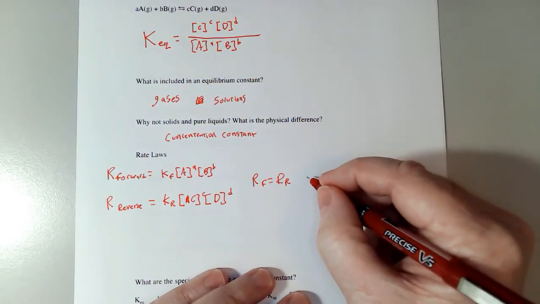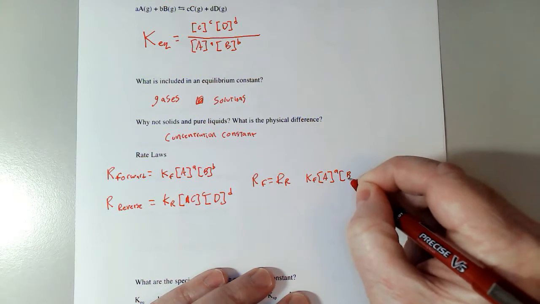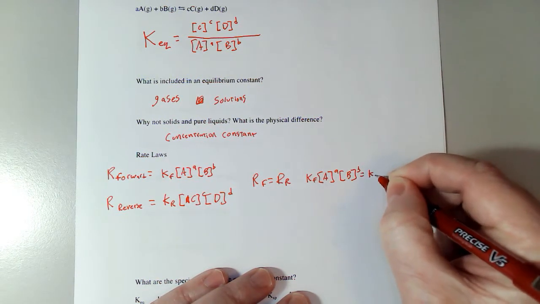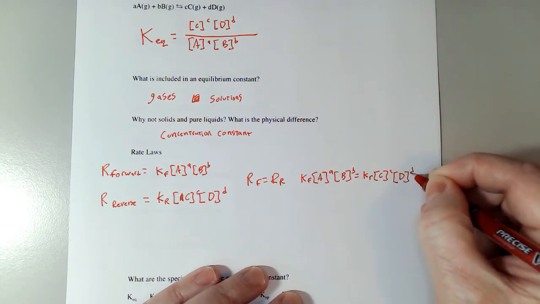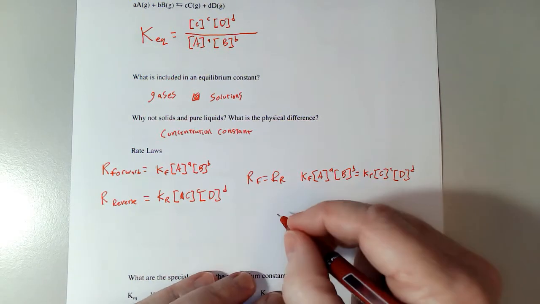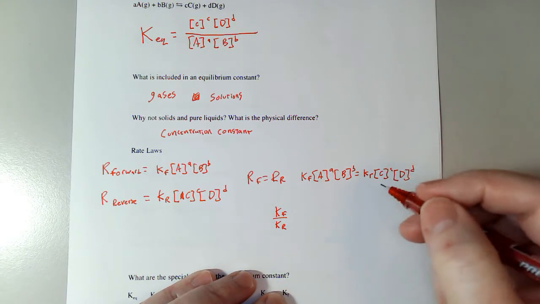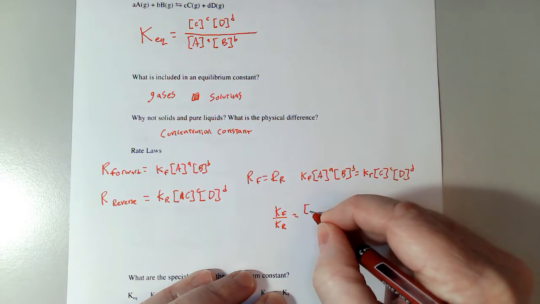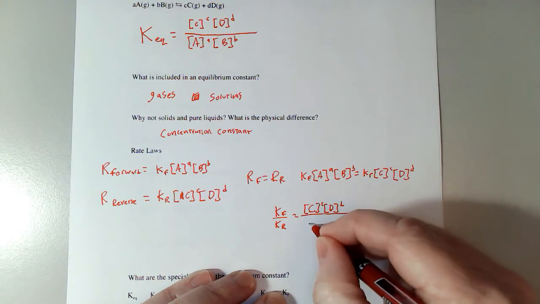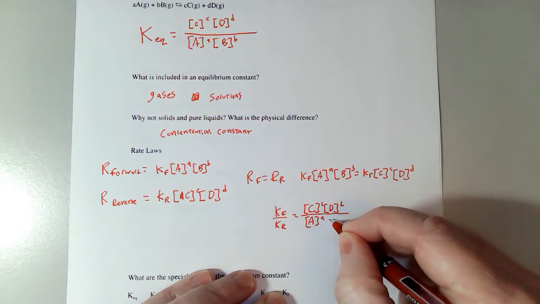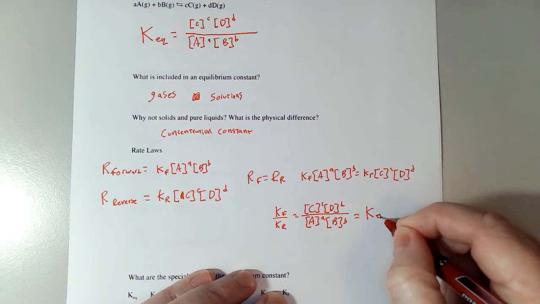And what I can write is that K forward times A to the A and B to the B equals K reverse times C to the C times D to the D. Now if I just rearrange that algebraically, I group like terms, as they say in Algebra 1, K forward over K reverse will equal the concentration of C to the C, D to the D, over A to the A, and B to the B, which looks a lot like K EQ.